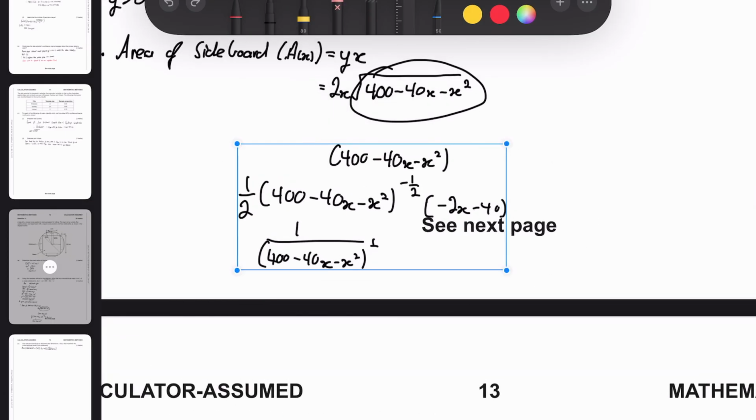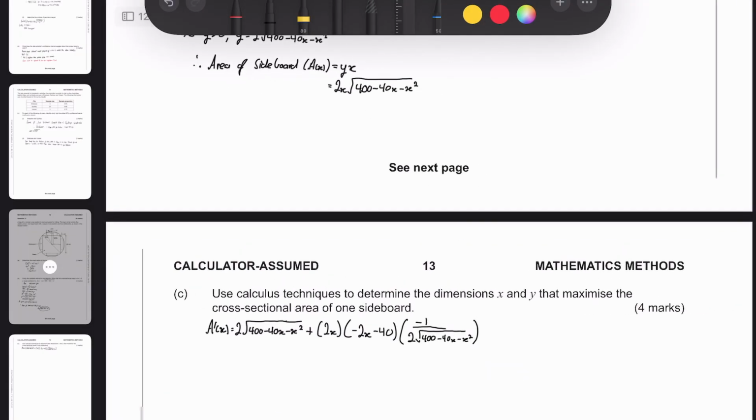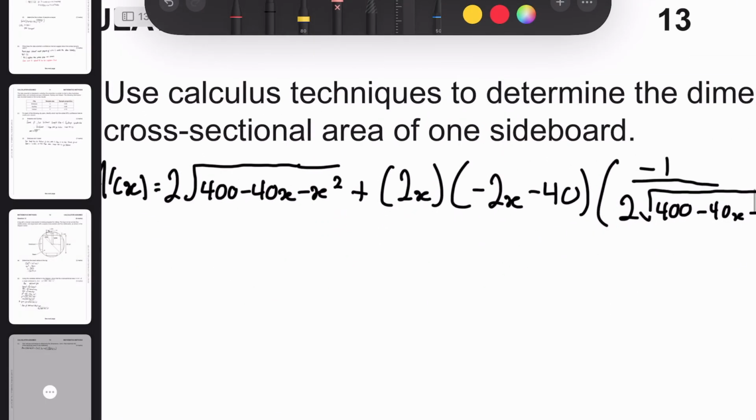Let's delete all of this. Okay, so then now we can simplify this even more.